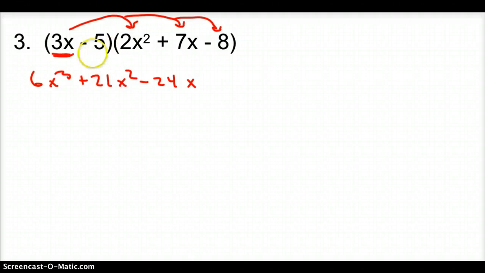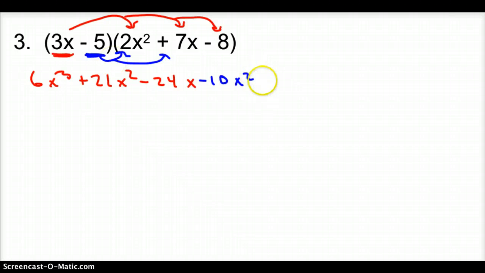Now we have to do it to the last term in the first polynomial, so we take that last term to everyone in this polynomial, so it is a negative 10x squared. Here it is a minus 35x, and then finally, because it's two negatives being multiplied together, it's a positive 40.